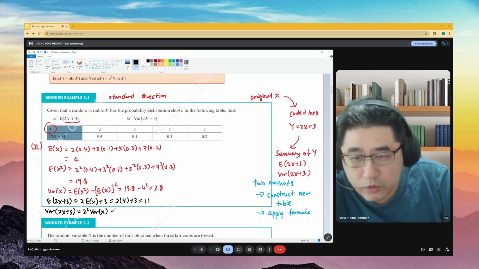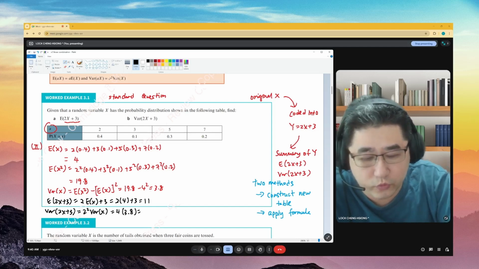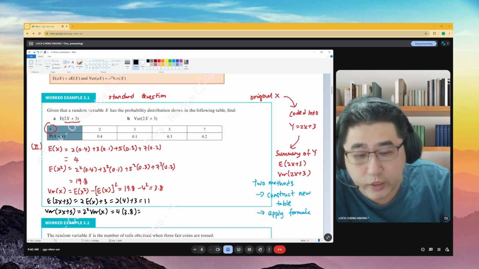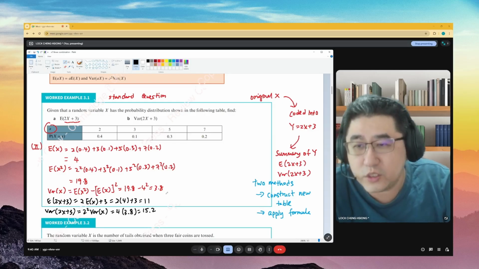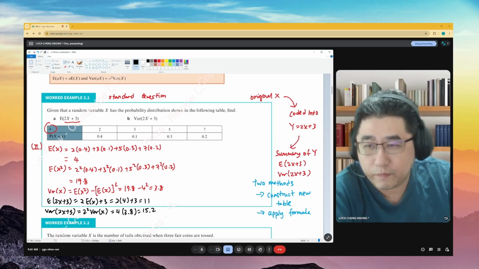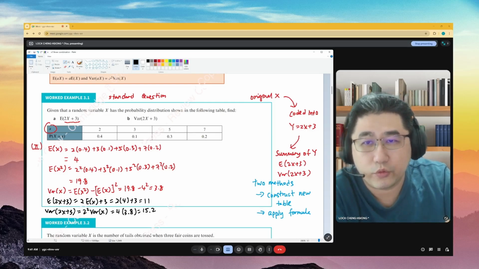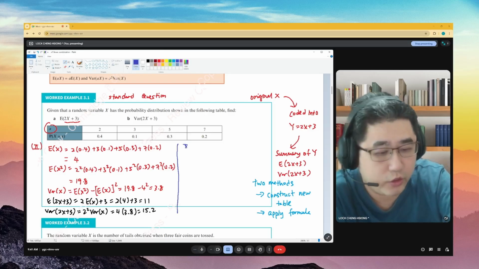So I will get 4 times 3.8, so I have 15.2. You will see that by applying method 2, it gives me this answer. Now I'm going to show you method 1, constructing the new table.